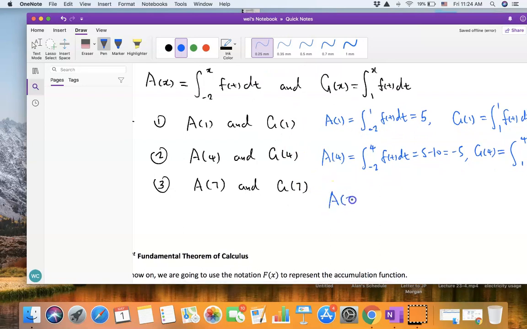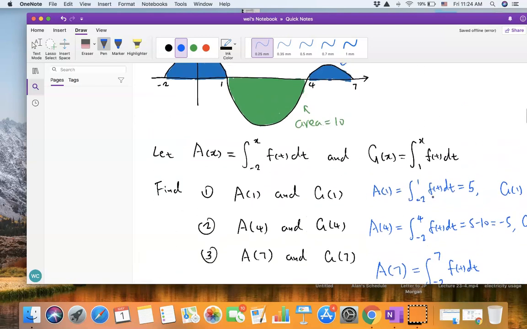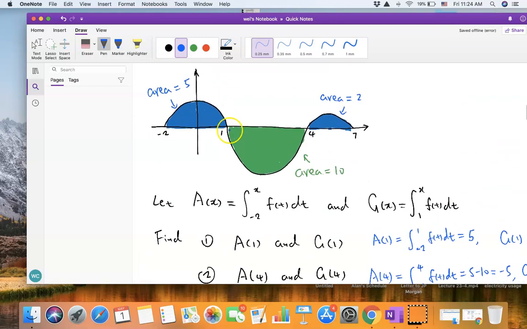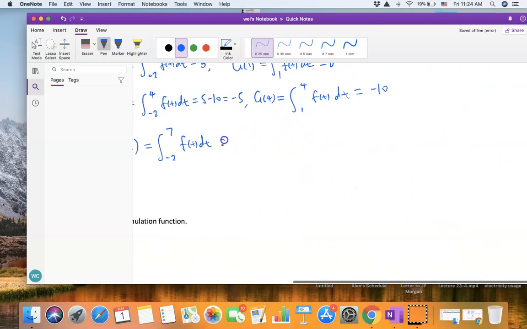And A of 7 is the integral from -2 to 7 of f of t dt. So it is 5 plus 2. The area of this piece is 2, and minus 10. That is 5 plus 2 minus 10, which is negative 3.